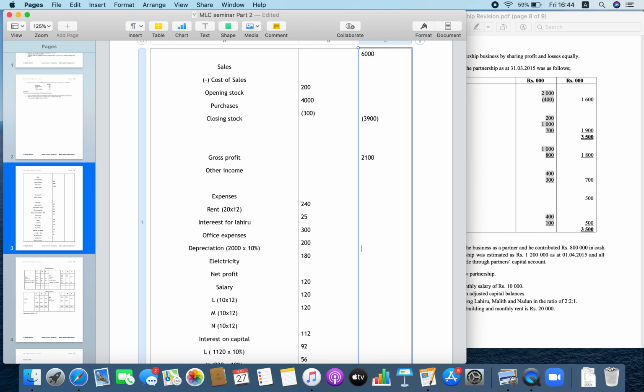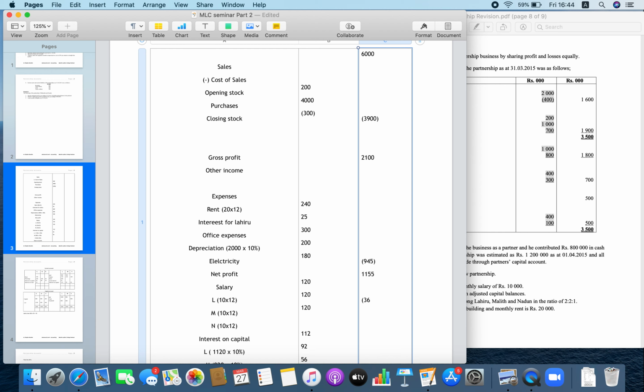Then guys, please add and take all your expenses given over here. So therefore total expense is now going to be negative 945. Deduct expenses from gross profit and you will get your net profit, which is going to be 1155. Then when we add our salary, it's now going to be 360 negative.